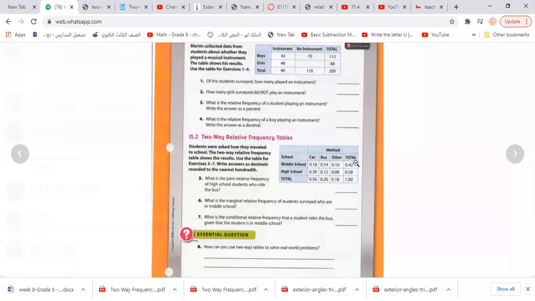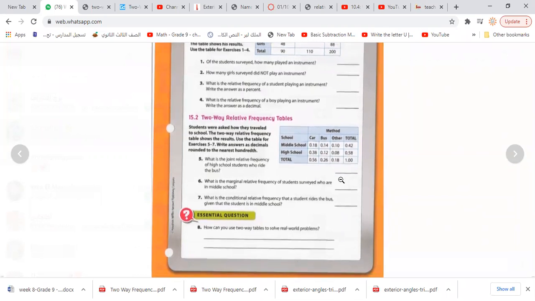Do you agree with her? Agree with Judy? No. Who said no? Why, Yari? I think 0.20.